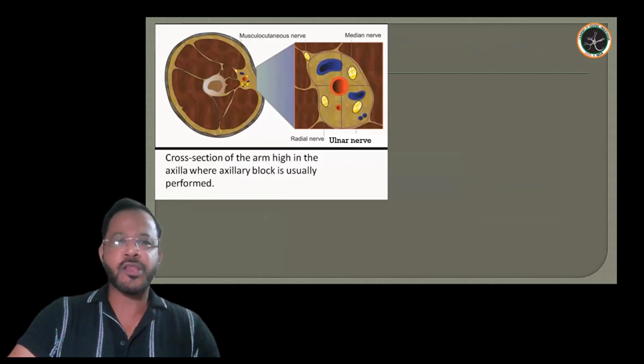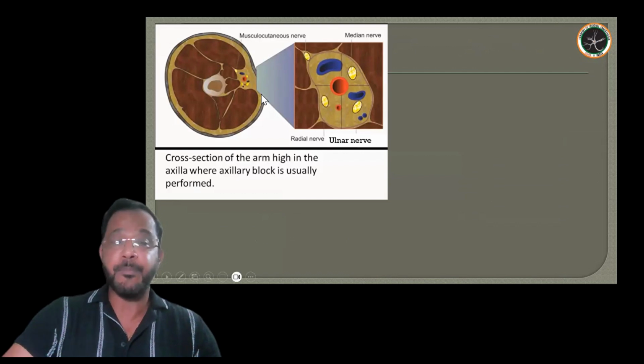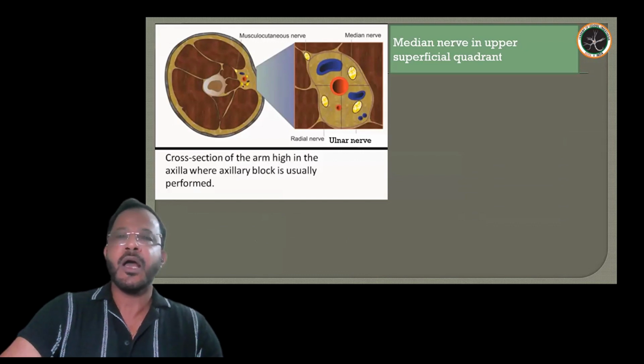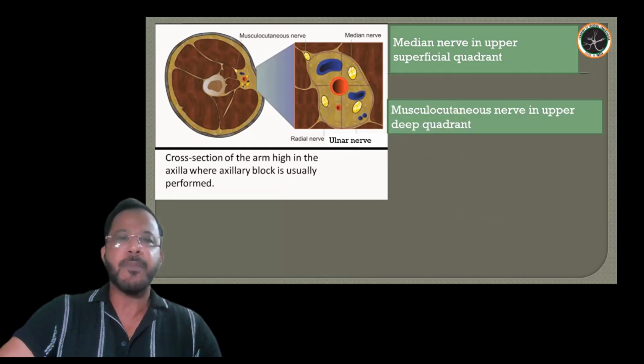So coming to the cross section of arm high in axilla, where axillary block is usually performed. As I told, if you divide the quadrant into upper quadrant and deep quadrant, you will find the median nerve in the upper superficial quadrant. The musculocutaneous nerve usually lies in the upper deep quadrant.